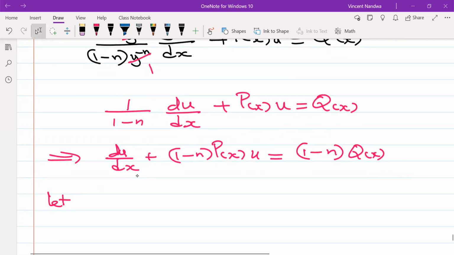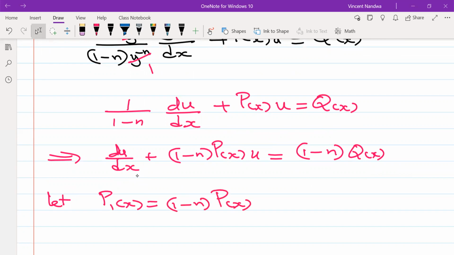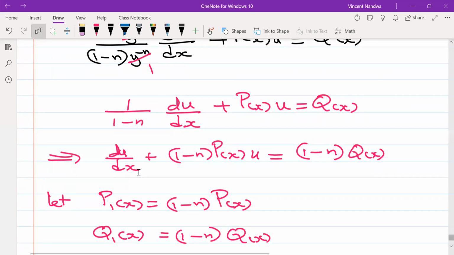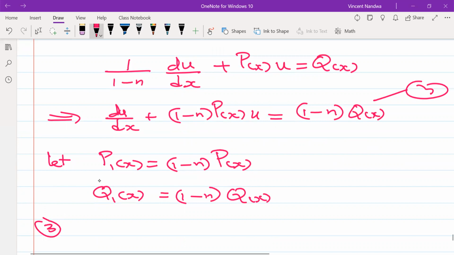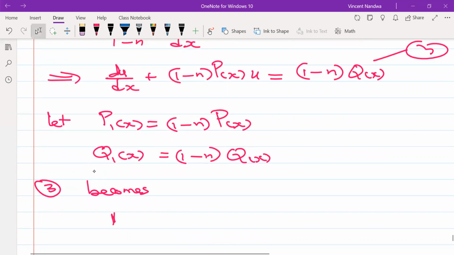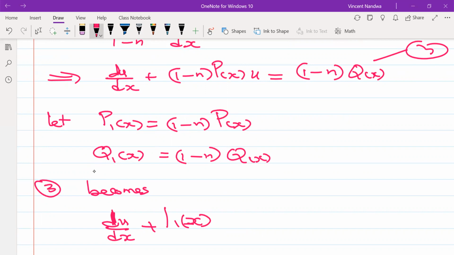So if I let p1 be 1 minus n times p of x and q1 be 1 minus n times q of x, and call this equation 3, it becomes du/dx plus p1 of x u equals q1 of x.